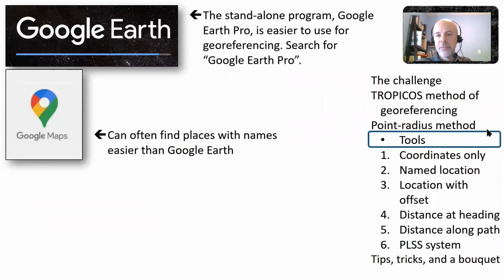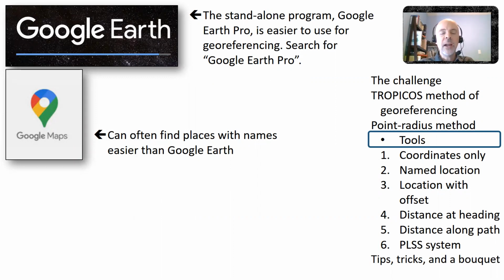So before we go any further, though, I want to introduce you to a couple of tools that will be very useful, and I'll show you how to use these. The first of these is Google Earth Pro, and I'm emphasizing the Pro aspect because if you just Google Earth, it will take you to a web browser version of Google Earth, and it's very useful, it's very interesting, shows you the Earth, you can zoom in and zoom out and stuff like that.